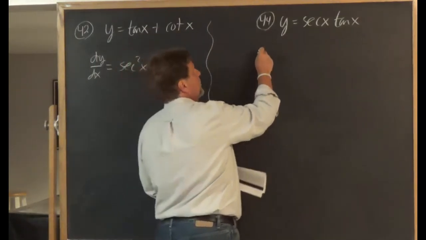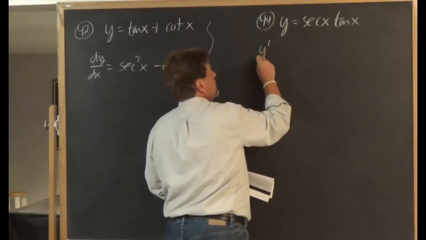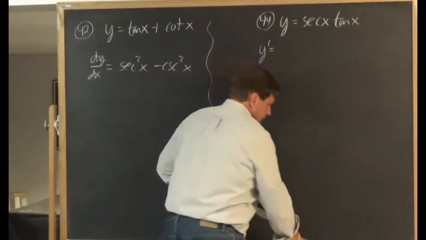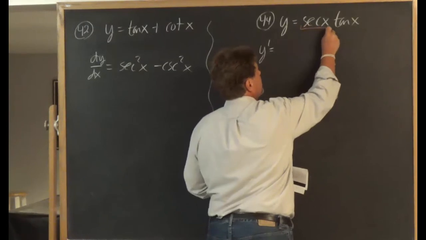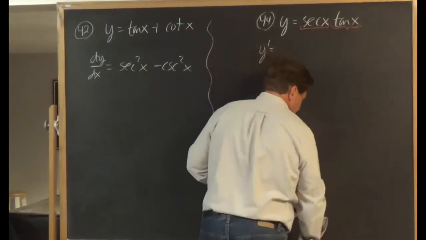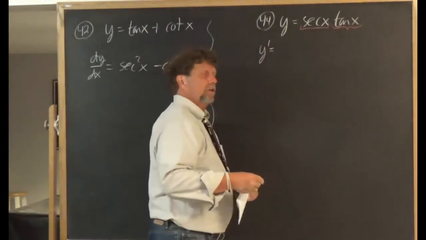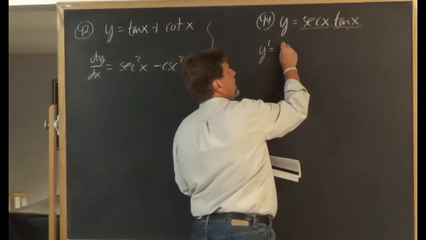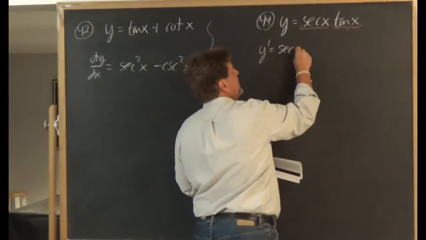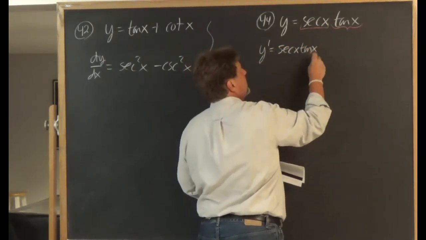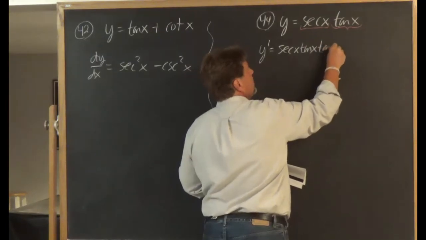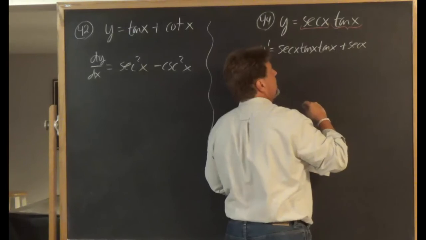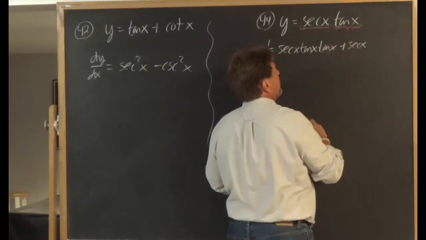For 44, I'll call the derivative y prime. We have the product rule here. Secant x is the first function. Tangent x is the second function. Cranking it through the product rule, the derivative of the first function, secant x, is secant x tangent x, times the second function, tangent x, plus the first function, secant x, times the derivative of the second function.